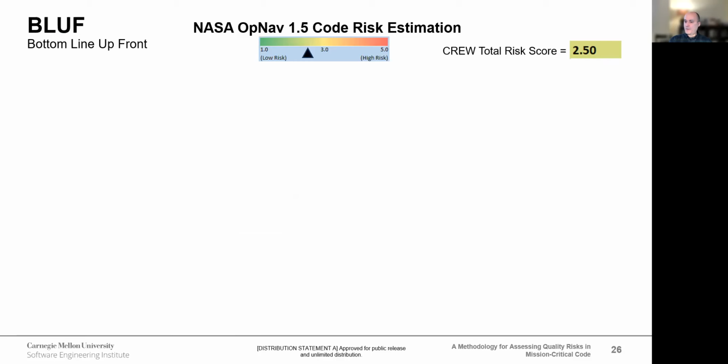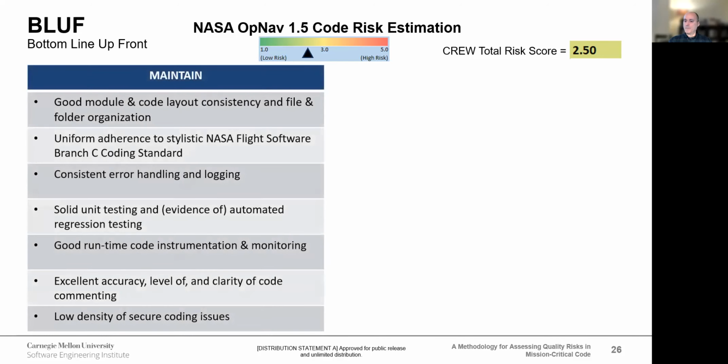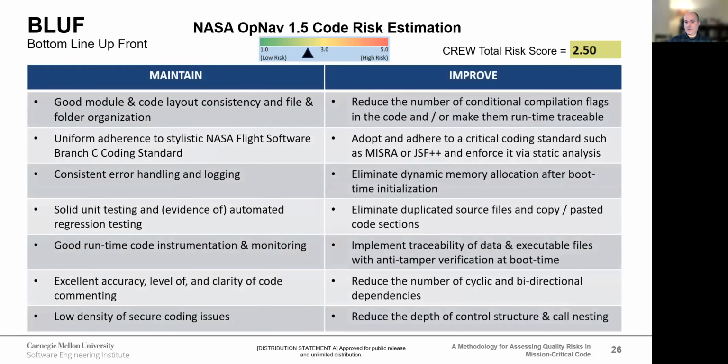And before walking through each CREW aspect to brief specific code samples or static analysis outputs that exemplify the scores, we provide the bottom line up front, or BLUF, chart. This indicates what our risk assessment shows should be maintained in the code base and what can be improved.